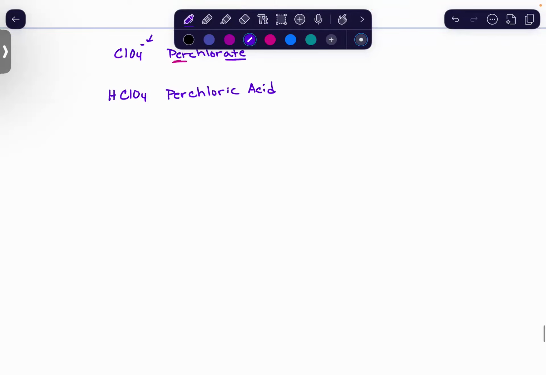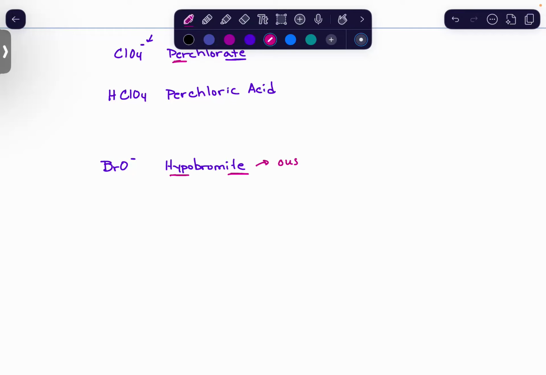What about BrO with a -1? This is hypobromite. And you notice I have hypo as a prefix, ITE as an ending. ITE becomes OUS. Hypo stays on there.